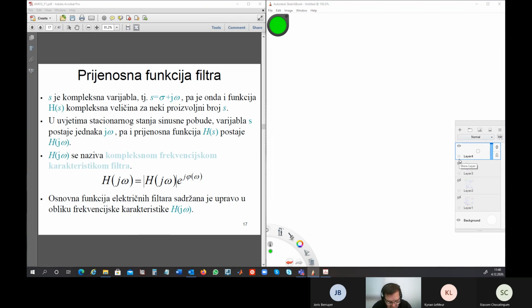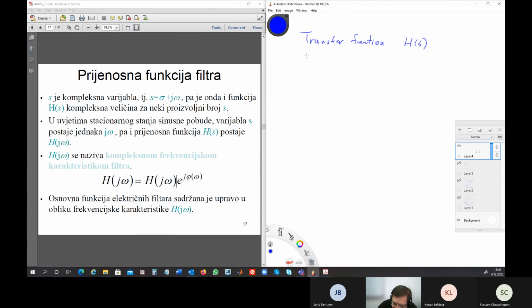So in our case, we started from the transfer function, which is defined as H of s.